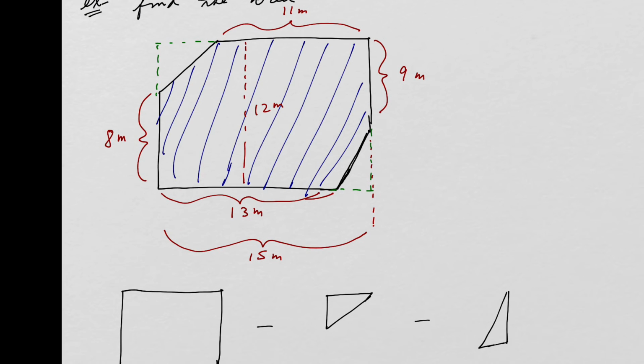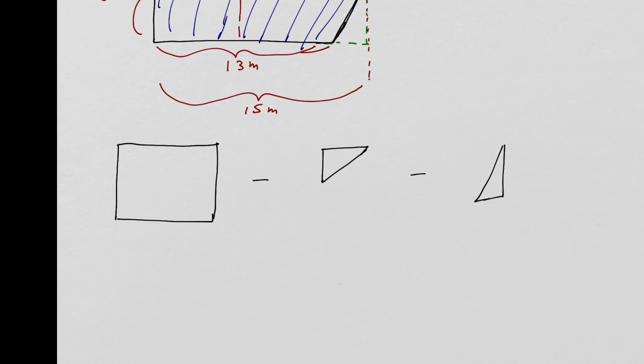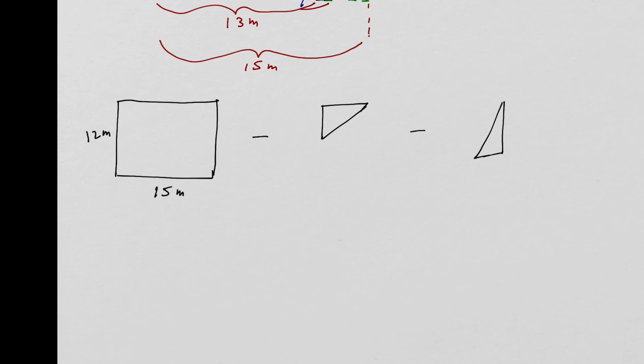Okay, so here let's find these areas. This huge rectangle, remember, is 15 meters by 12 meters, right? So the area of that rectangle is length times width, which is 15 times 12. Well, that is equal to 180.